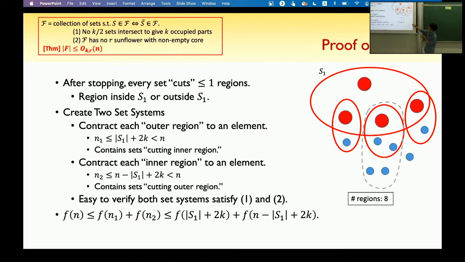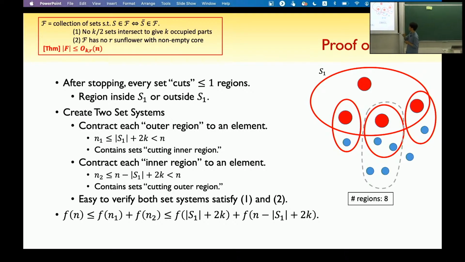But because of the way we constructed the new set systems, whenever we contracted a region to an element, we made sure that each subset in the new set system either entirely contains it or is completely disjoint from it. So contracting a region to an element is not going to increase the complexity of the set system.